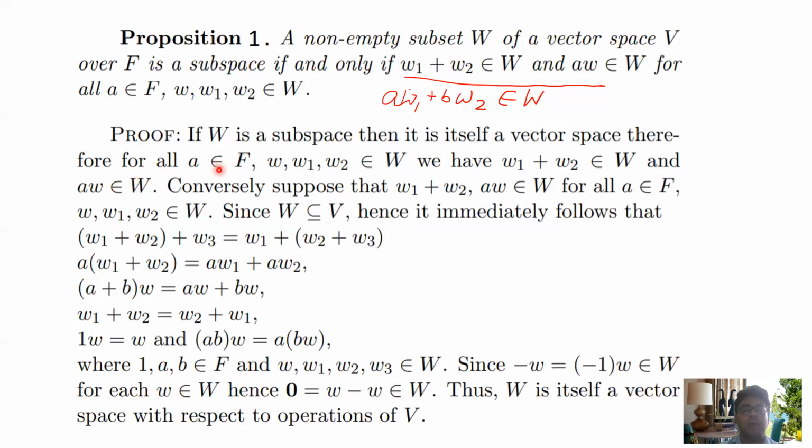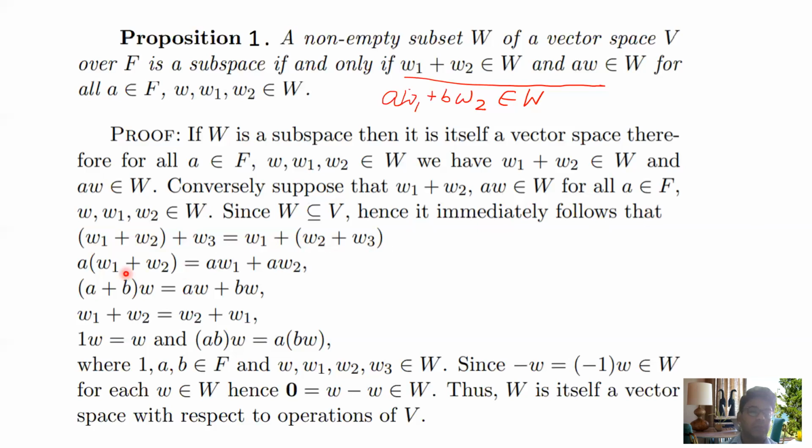Therefore, for all a belonging to F and w1, w2 belonging to W, we have w1 plus w2 belongs to V, and aw belongs to V. Conversely, suppose that w1 plus w2 and aw belong to V for all a belonging to F and w1, w2 belonging to W. Since W is a subset of V, it immediately follows that w1 plus w2 plus w3 is equal to w1 plus w2 plus w3.